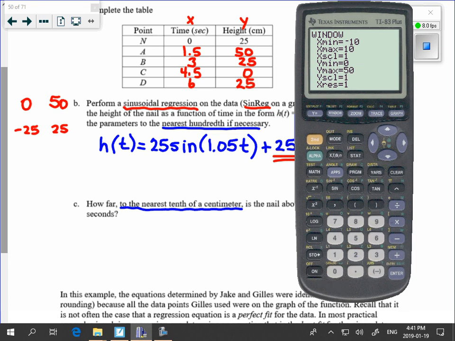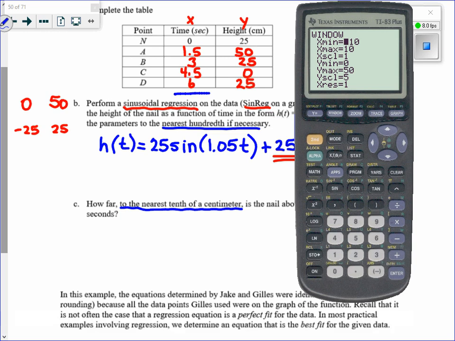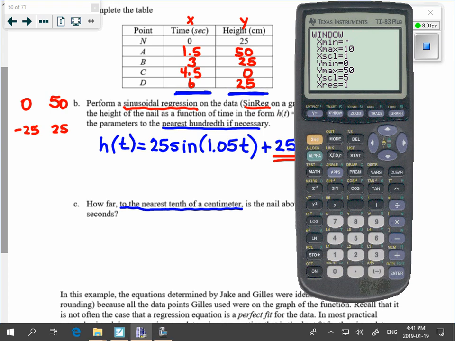And maybe going up, since that's pretty big jumps, let's go up by 5s instead of by 1s. And then for your x's, how do you know how far you go on your x's? Well, you can look at your data, and you could have looked on your data, I guess, for your y values as well. Your data goes from 0 to 6. And it might be a good idea to go a little bit below and a little bit above.